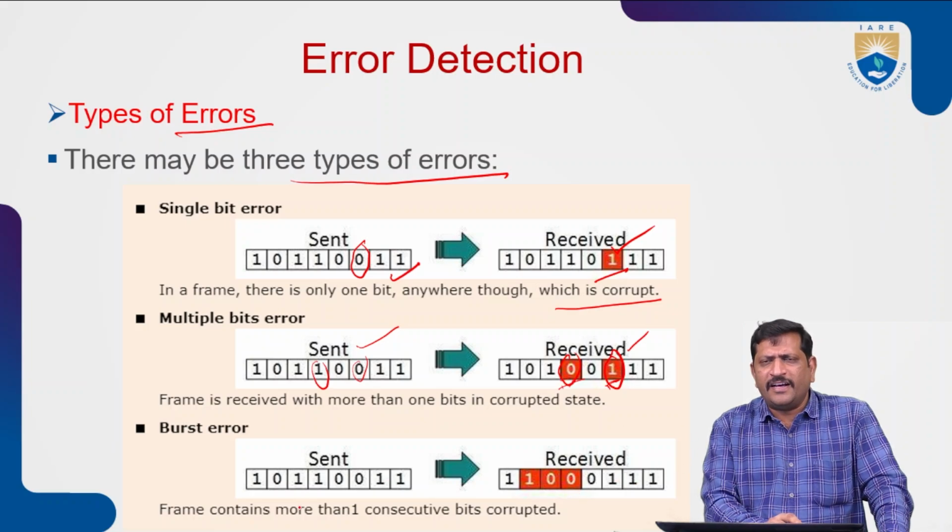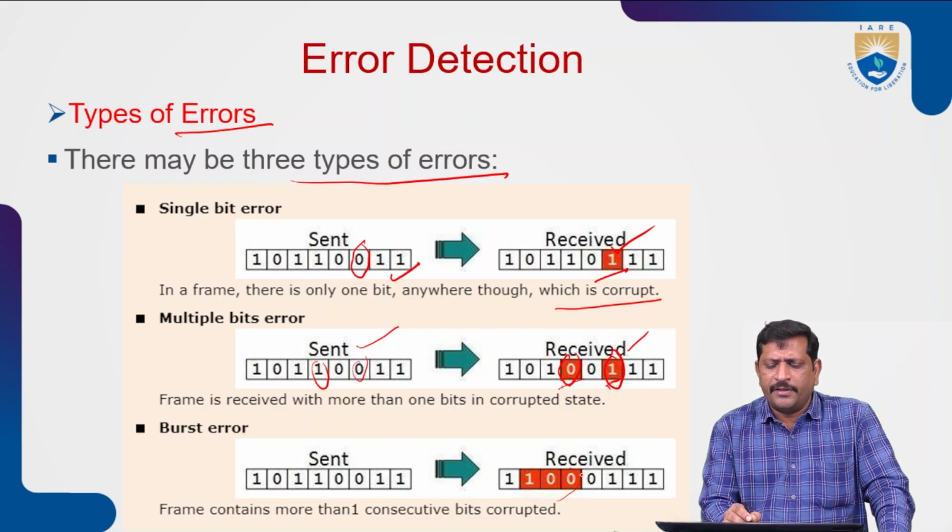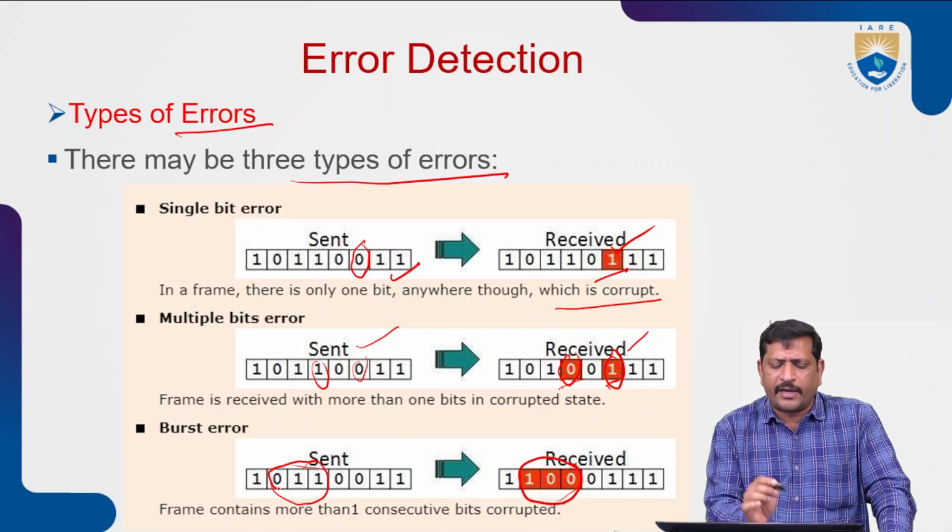Whatever the sender sends, more than one bit is received different. These three bits are corrupted. Here, instead of 011, the receiver receives 100. More than one bit is corrupted.